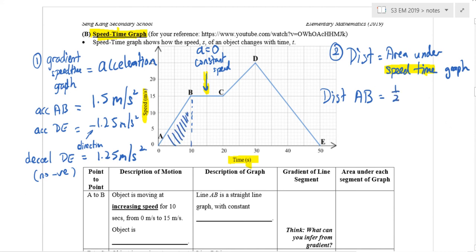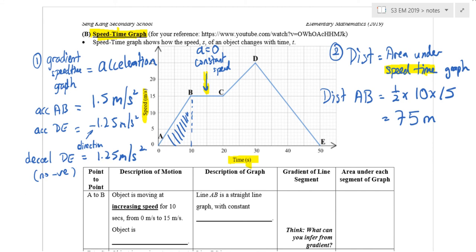So it's half times 10 times 15. Like that. Tiffany can understand? Can I move the screen away?